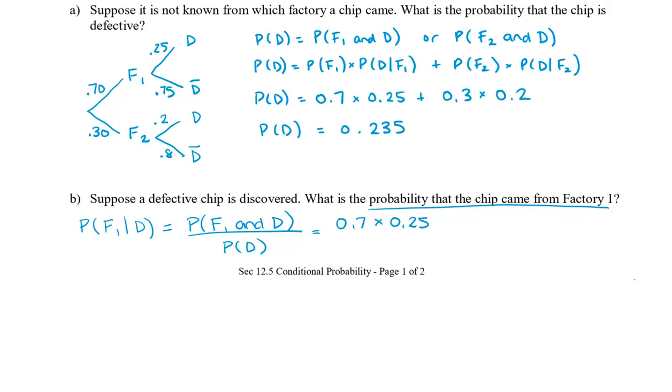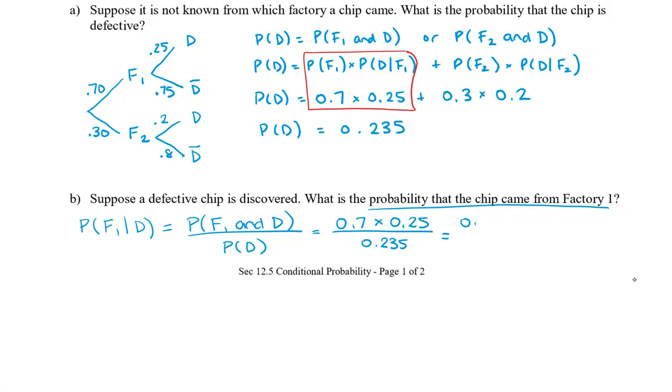And if you look above, that's this part here. And then we divide by the probability that it's defective. So a defective chip, remember, can come from factory 1 and factory 2. So we're going to use this number 0.235 as our probability of being defective.